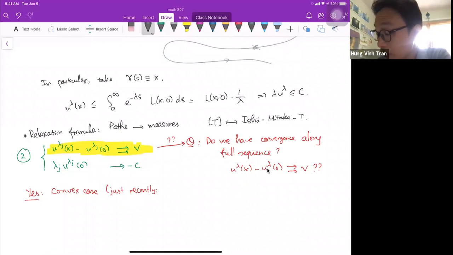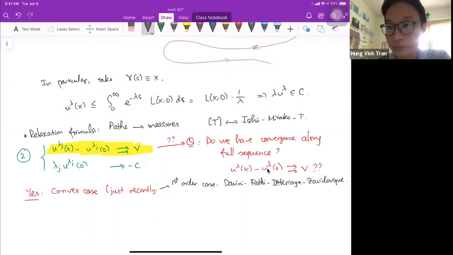So in the first order case, it was done by Davini, Fathi, Iturriaga, and Zavidovique, basically the group.